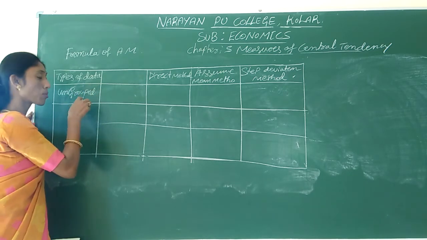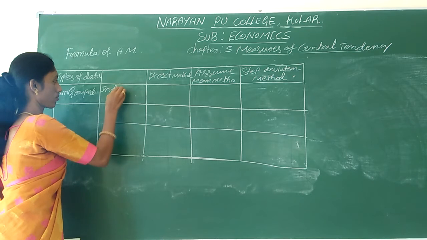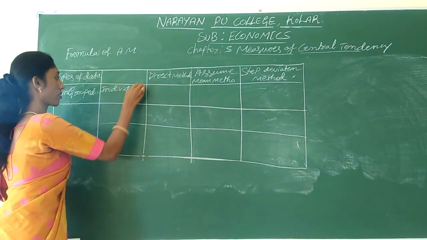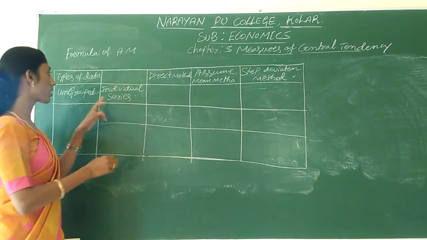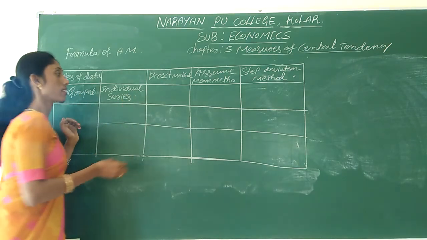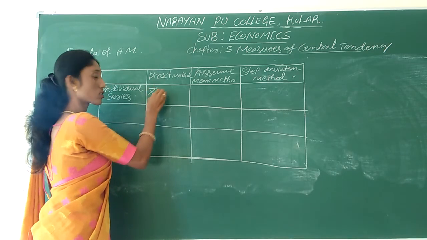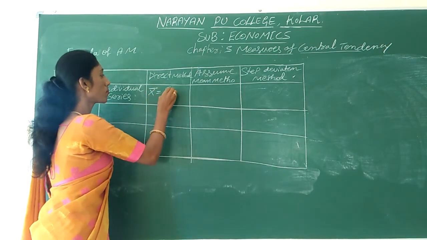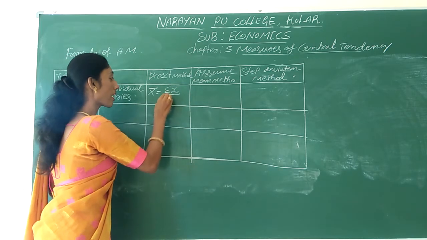Okay, here when the data is ungrouped, we also call it individual series. When data is an individual series, ungrouped data, then the direct method formula is x bar is equal to sigma x divided by n.